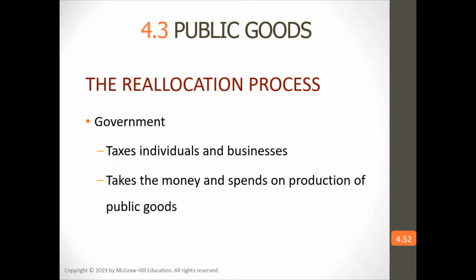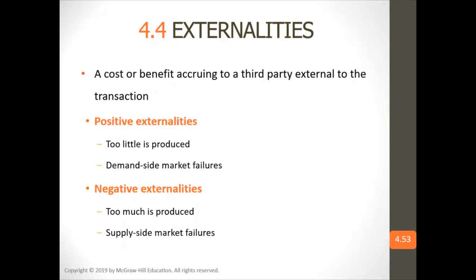The government taxes us and businesses, and takes that money and pays for public goods. If something has a positive externality where they don't produce enough of it, the government tries to subsidize it to produce more. Subsidize to produce more of a product that provides positive externalities.